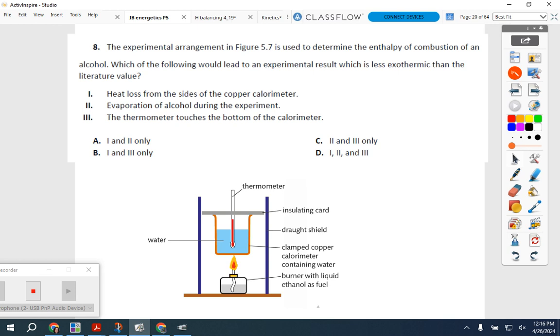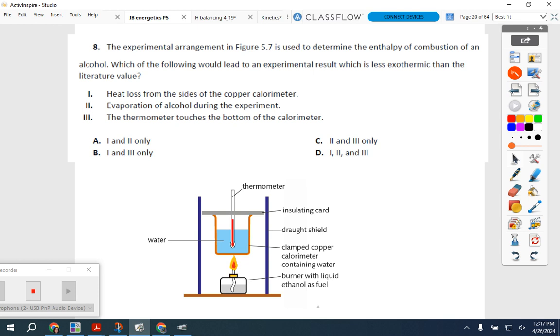Which would lead to an experimental result which is less exothermic than the literature value? So less energy coming out of the burning of the fuel, of the combustion reaction. What would understate the amount of energy in the fuel?